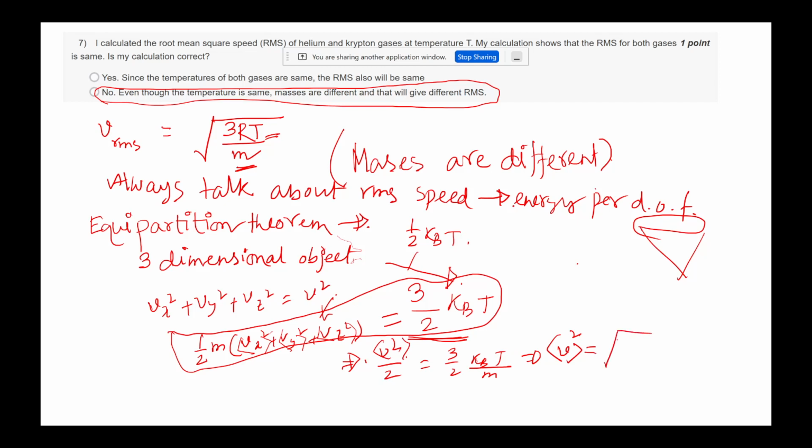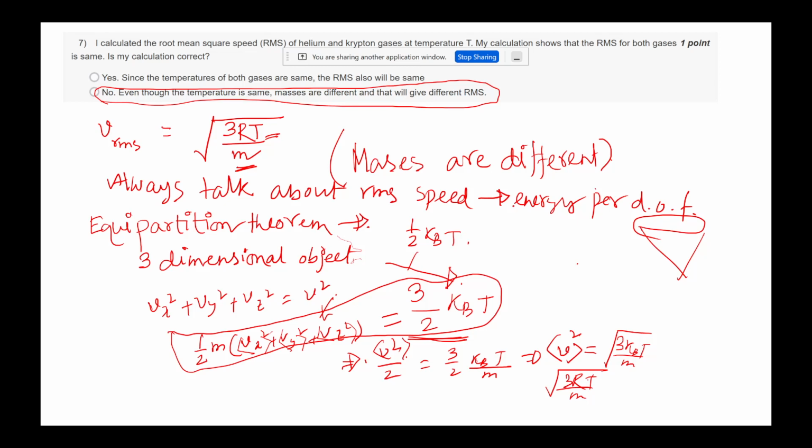So this is 3 kBT by m for one particle. For an Avogadro number of particles, this will be 3 RT by M. This proof is quite simple, right? Yes.